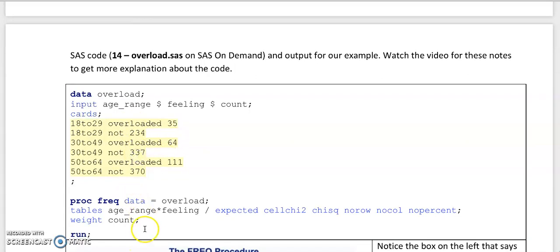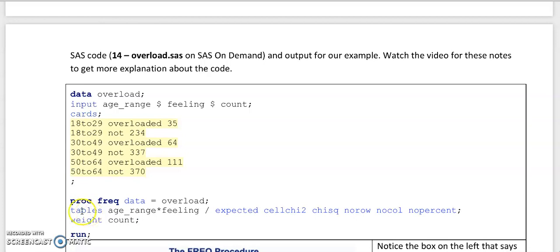And because I'm doing this as counts, I've got this line of code. If I wasn't doing it as counts, I would remove this. So again, similar to what we saw in Notes 13. And we're also going to use proc FREQ, so the frequency procedure, to analyze chi-squared questions. We're going to put proc FREQ data equals the name of our data set.